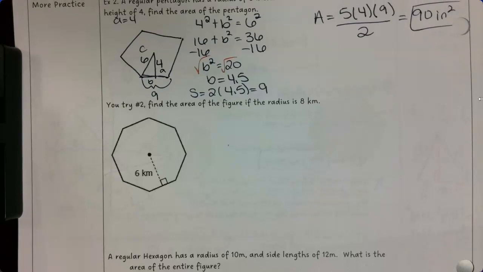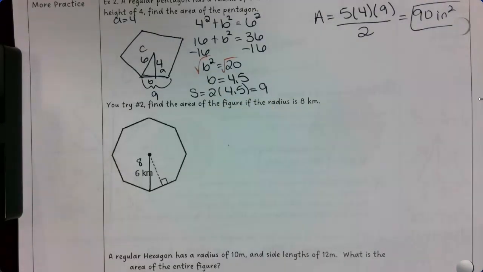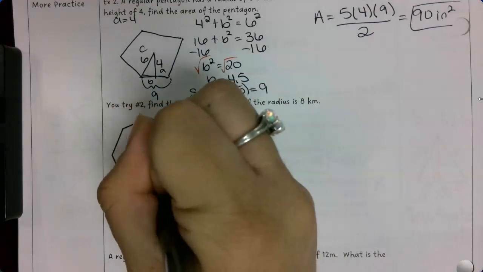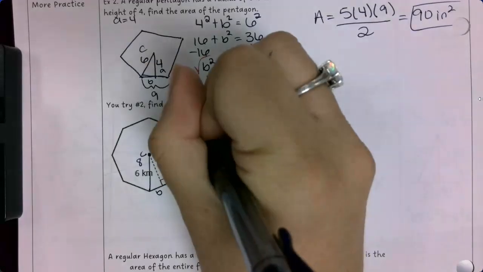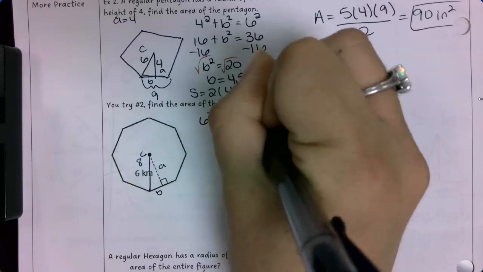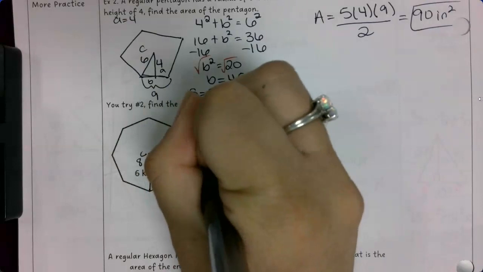Okay, so on the next one, it tells me my radius is 8, so that's the slanted line. I am going to first find my side length, so 8 is my C, 6 is my A. I need to find my B, so I'm going to have 6 squared plus B squared equals 8 squared. 6 squared is 36.